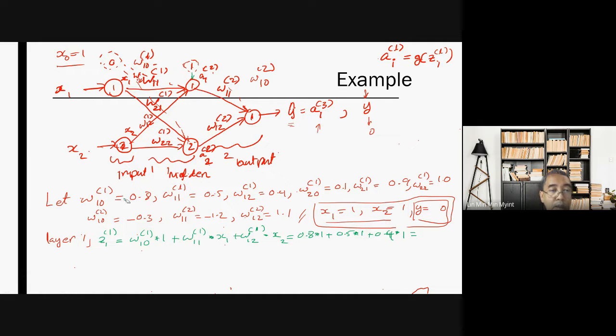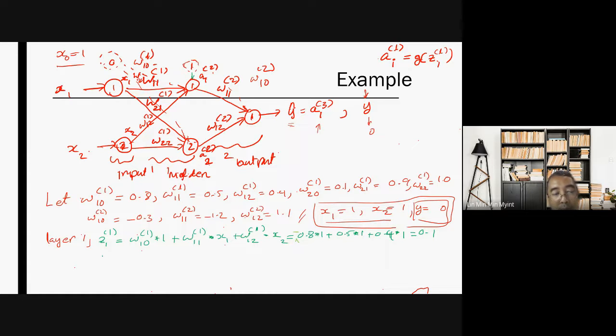Yes, this is a minus, so that's why this is a minus. If you calculate this, you will get 0.1, because this is 0.9, this is minus 0.1.